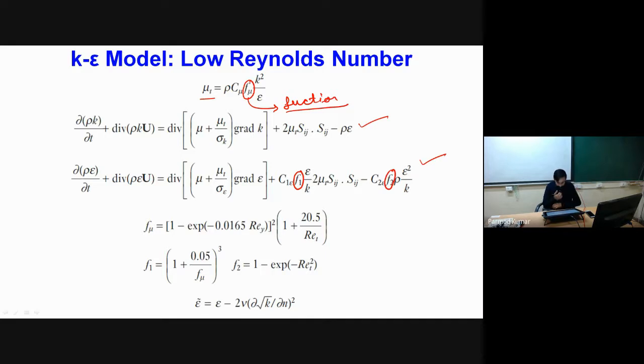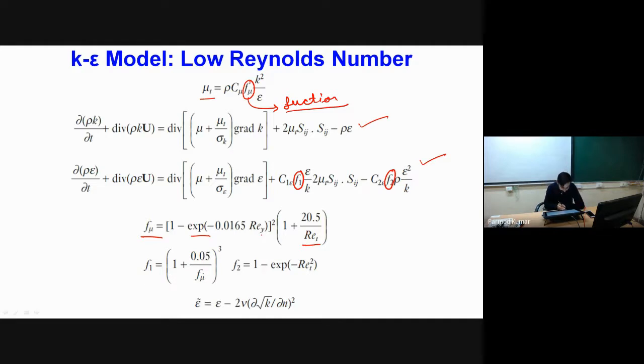Okay, so if you see this first function f mu, that is nothing but equal to 1 minus exponential of Reynolds number y and this entire square into 1 plus 20.5 divided by turbulent Reynolds number. So this turbulent Reynolds number is nothing but it is involving our turbulent kinematic viscosity.